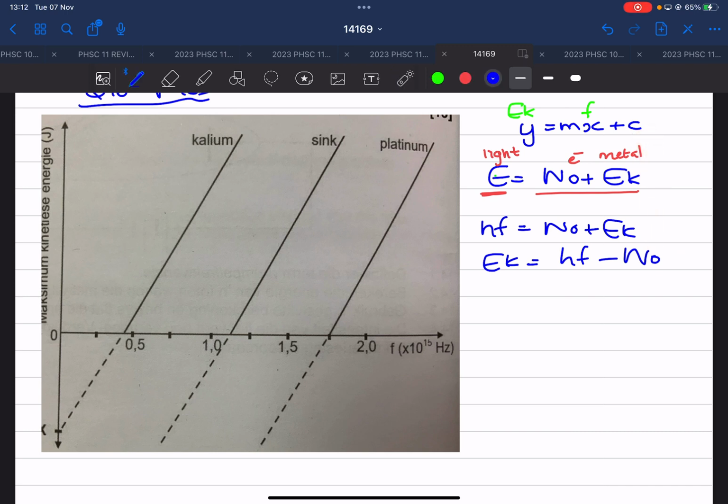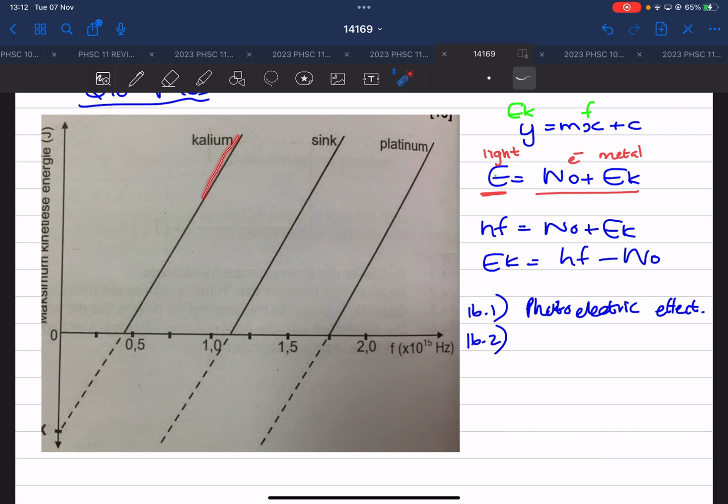Okay, kom ons lees gou vraag 16.1. Vra hulle, noem die verskynsel waarop hierdie eksperiment gebaseer is. That is the photoelectric effect. 16.2. Noem die fisiese grootheid wat deur X op die grafiek voorgestel word.